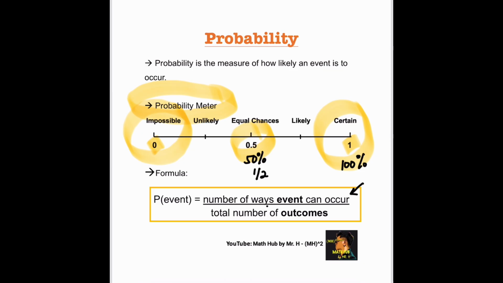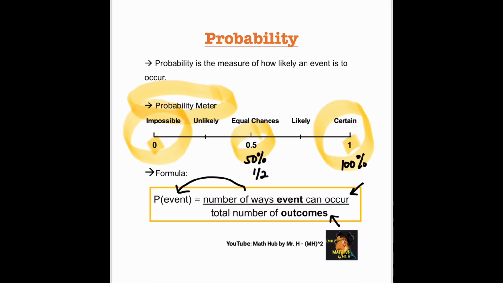The number of ways the event can occur also means that we will be getting the number of favorable outcomes, which is dependent on what the event is. Divided by the total number of outcomes. For the denominator, the total number of outcomes contains all the possible results.